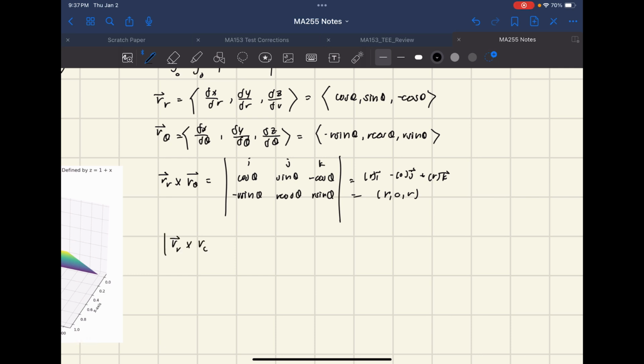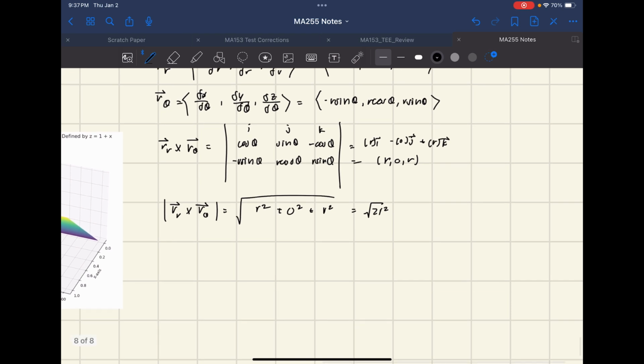So again, we need the magnitude of the cross product. I'm going to set up our integral.